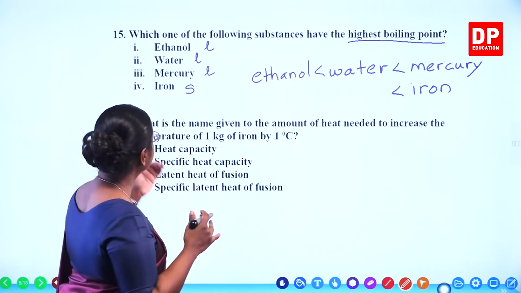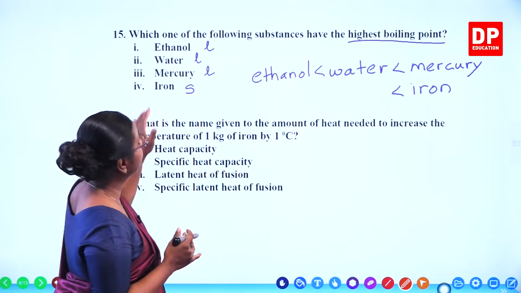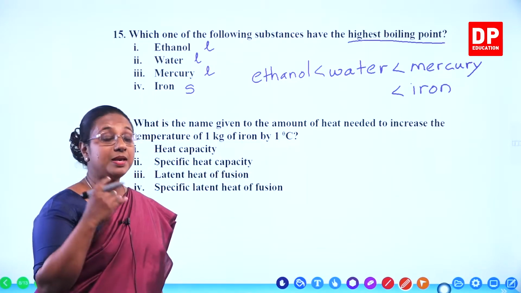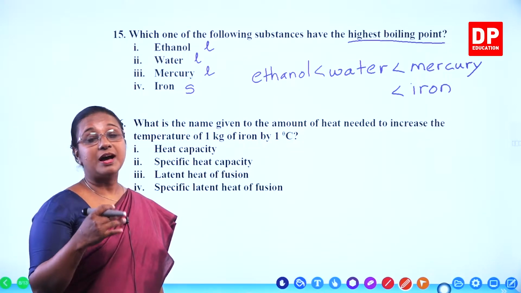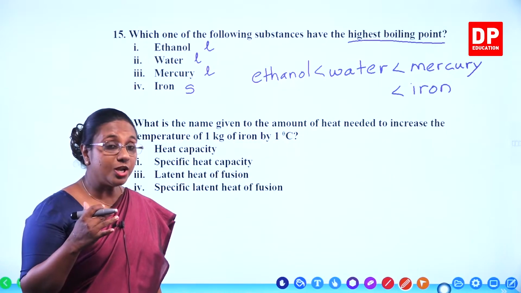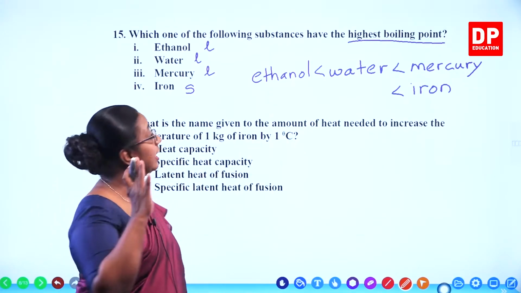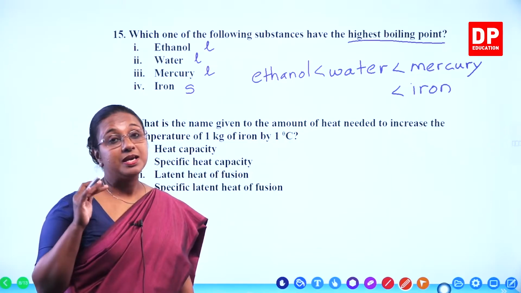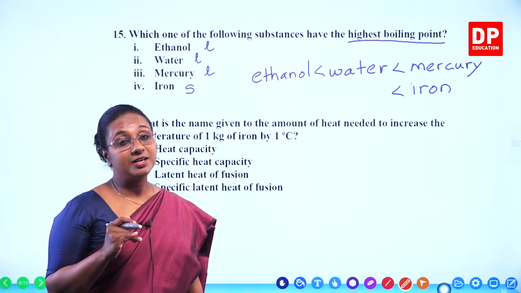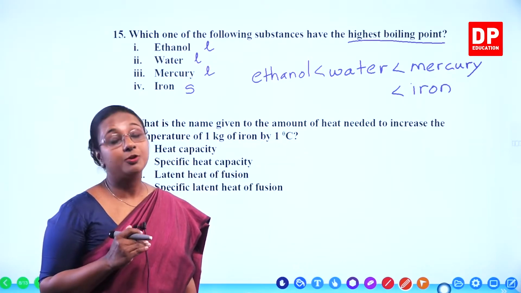So obviously the boiling point of those three will be less than the boiling point of iron because the melting point of iron itself is more than room temperature. And usually you all know metals have very high melting and boiling point. Exception is mercury because the melting point of mercury is less than room temperature. That is why it is a liquid at room temperature.